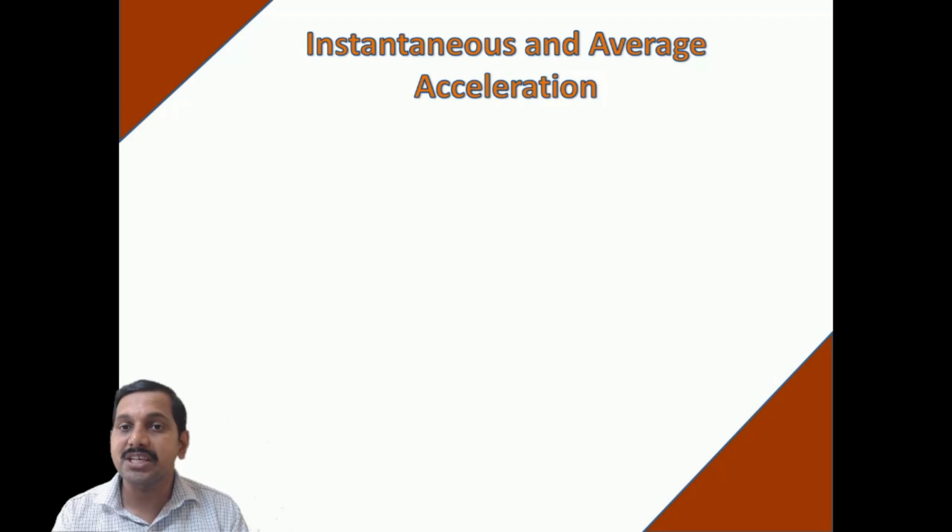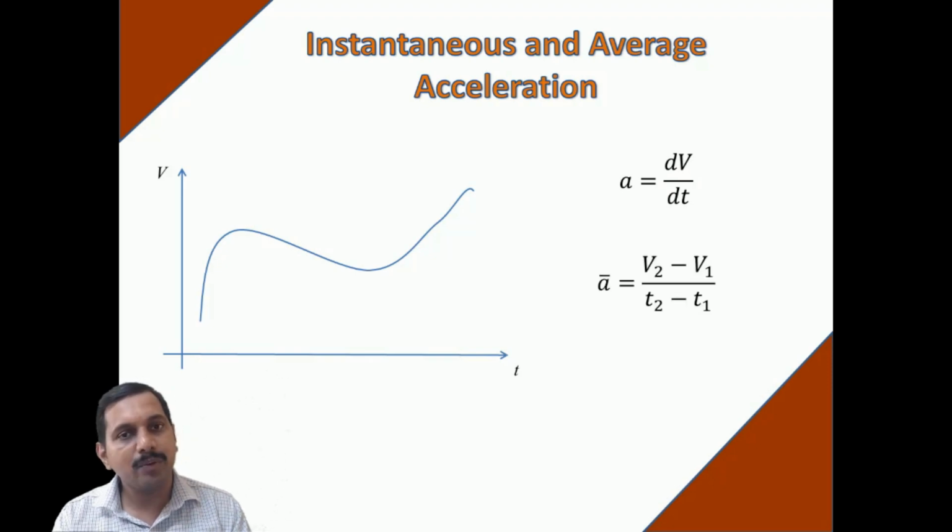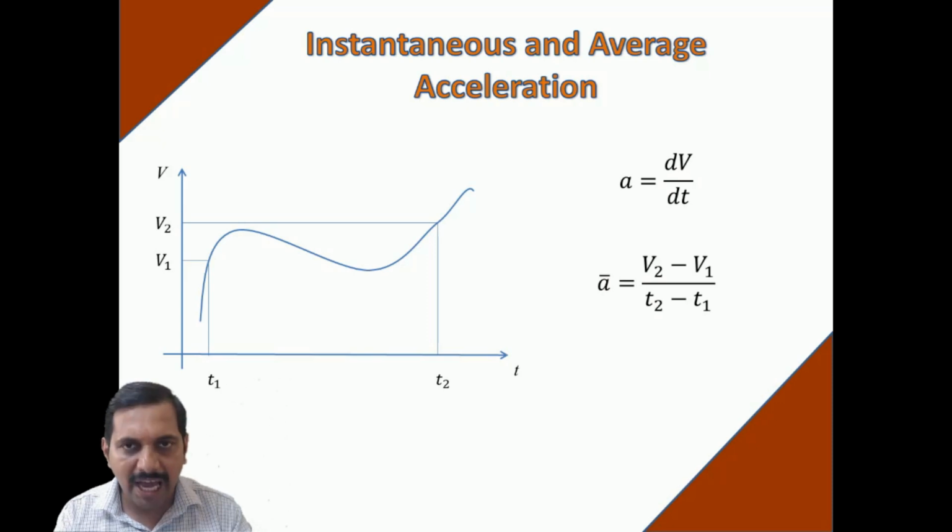Just like we have instantaneous velocity and average velocity, we have instantaneous acceleration and average acceleration. What is meant by instantaneous acceleration? At any point, the slope at a point gives the instantaneous acceleration. And what is average? It is the change in velocity by change in time between any two points taken. That will give the average acceleration.